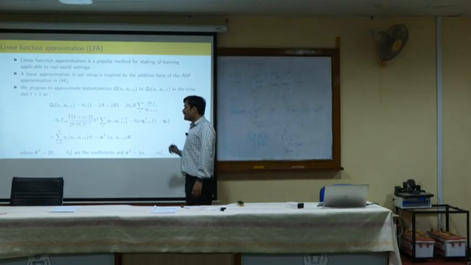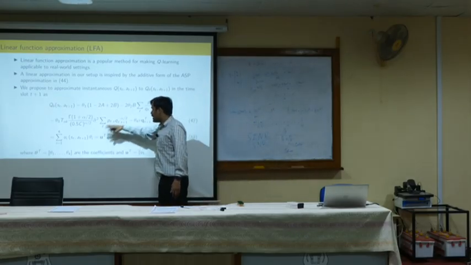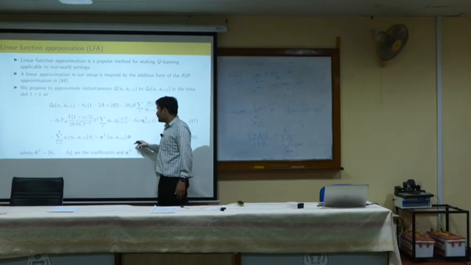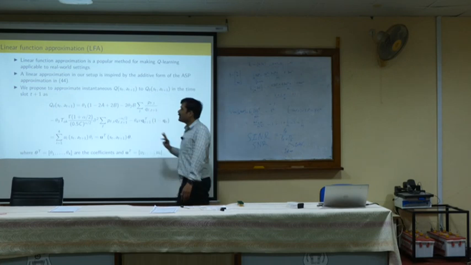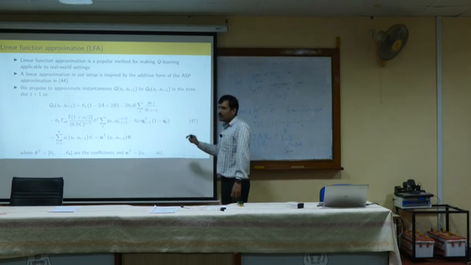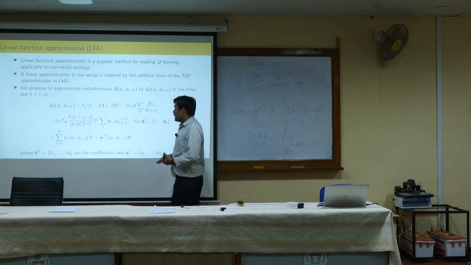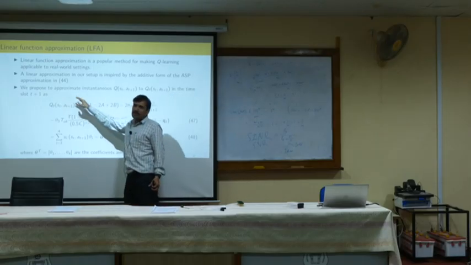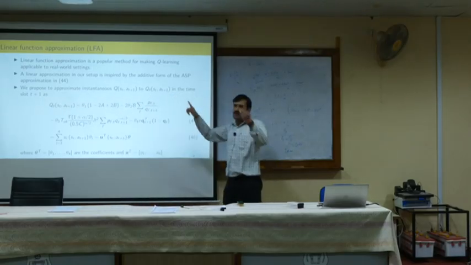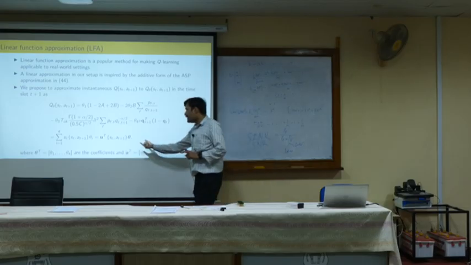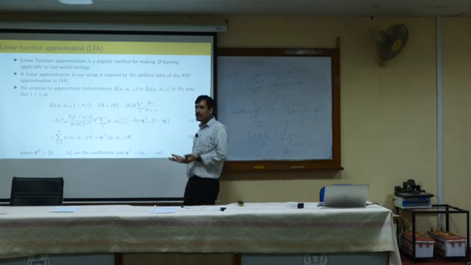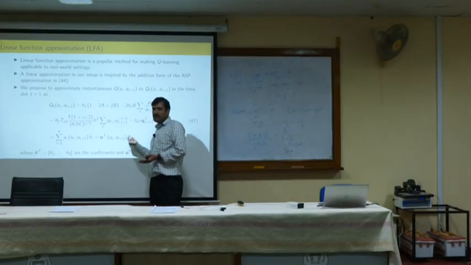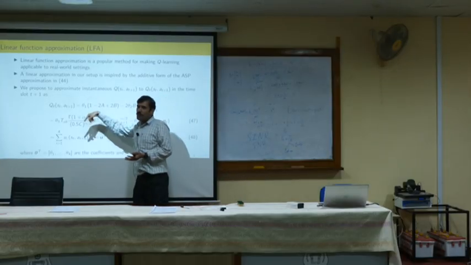Now what is the advantage of it? Here I have written it in vector form. Theta is a vector, and U is a vector consisting of all the remaining quantities. What is the advantage? Instead of updating Q, the whole matrix, I can just update my theta, and it will update the whole matrix. If I update one theta, it will update my whole matrix.